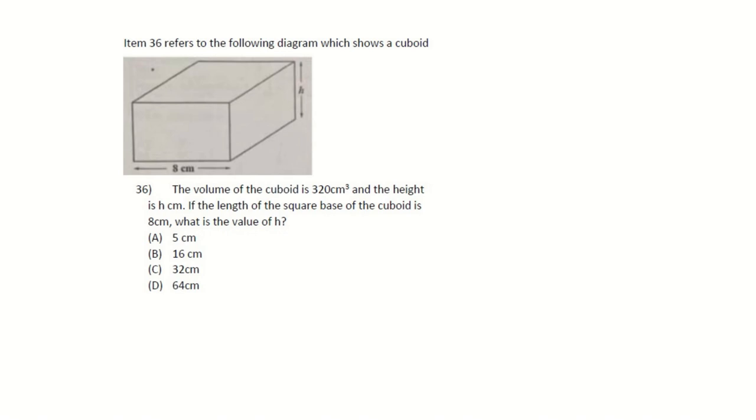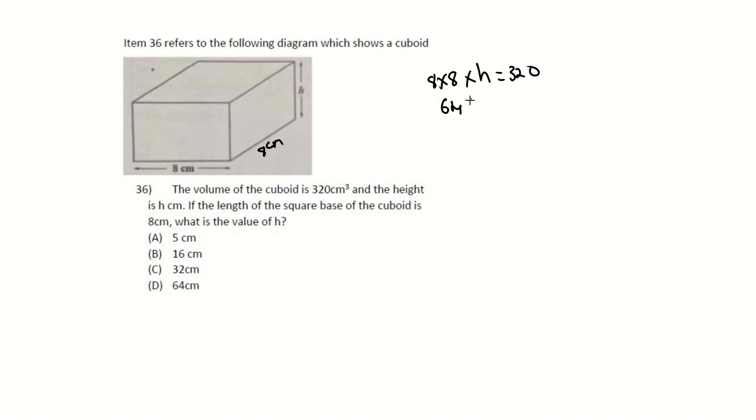Item 36 refers to the following diagram which shows a cuboid. The volume of the cuboid is 320 centimeters cubed. The height is h. The base here is square, okay? So that means that this is also 8 centimeters. You need to pay attention. If the length of the square base of the cuboid is 8, what is the value of h? So 8 multiplied by 8 multiplied by h is 320.